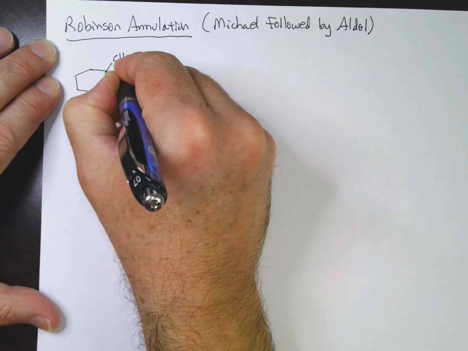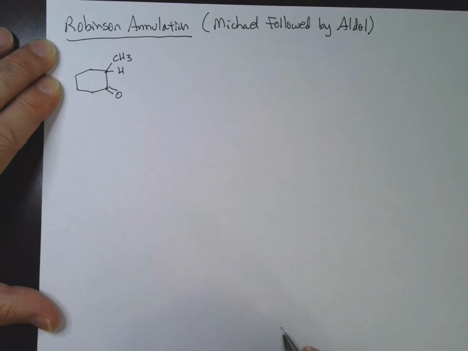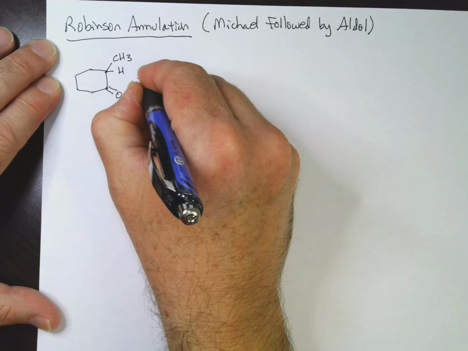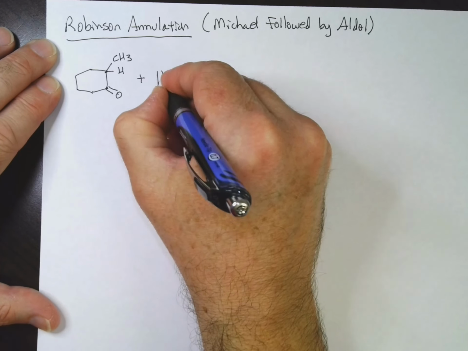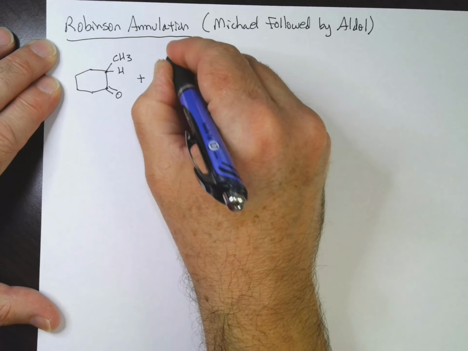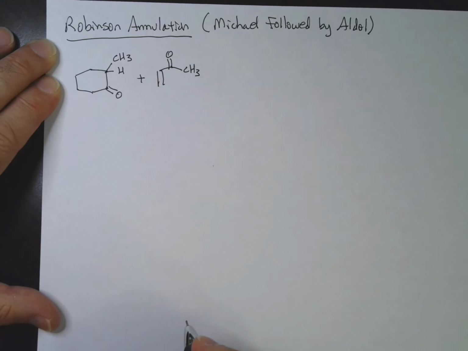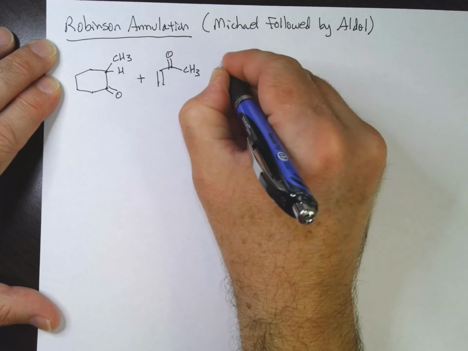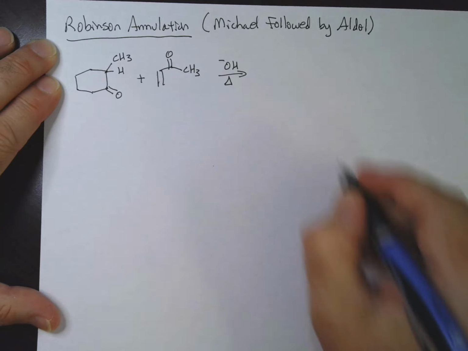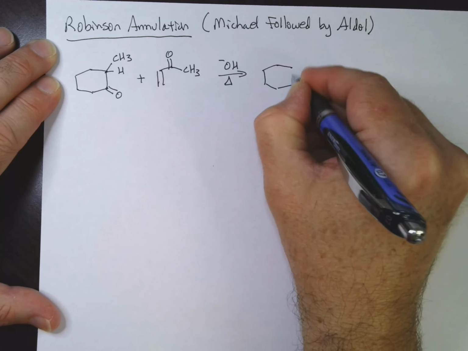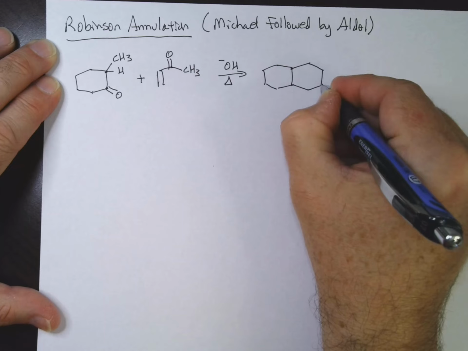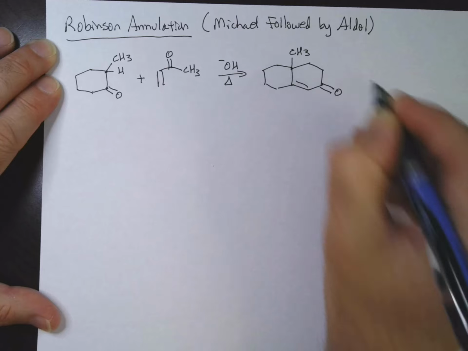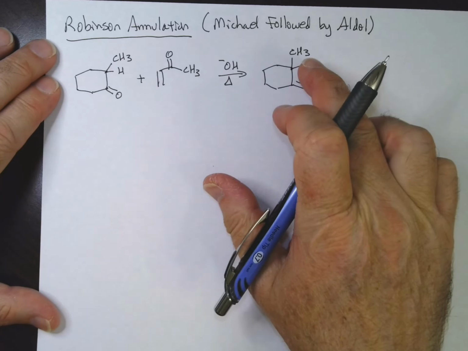So let's take the following example. So we'll have this particular ketone here, and we'll react it with that conjugated ketone and treat that with OH minus and heat, and we will end up with the following species.